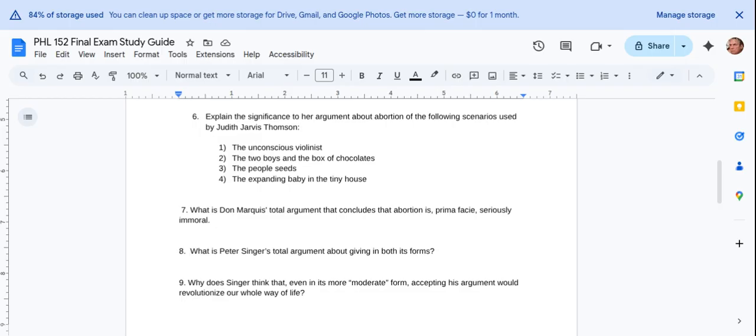Number 7, what is Don Marquis' total argument that concludes that abortion is prima facie, on the face of it, seriously immoral? Remember, the structure of Marquis' argument about abortion is that it starts with a general theory of the wrongness of killing. And that's a very definite argument that he gives.